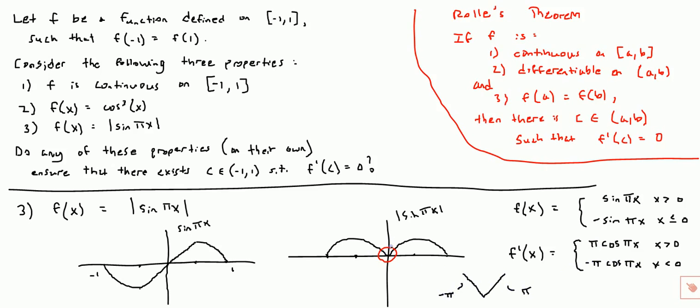Since there's this kink in the graph, and this is on the interval (-1, 1), that means that the function is not differentiable on the open interval (-1, 1). And that's a key criterion of Rolle's theorem. So for property 3, we cannot make this conclusion. So the only property by itself that we can make this conclusion for was property 2.